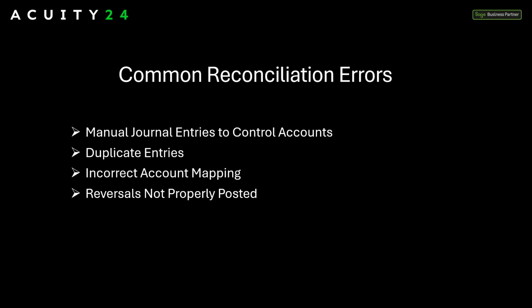This issue would be transactions that are made in the wrong general ledger account. The impact would be that the control account doesn't reflect the correct activities. To fix it, you'd have to review account mapping in the system setup and correct the misclassification.